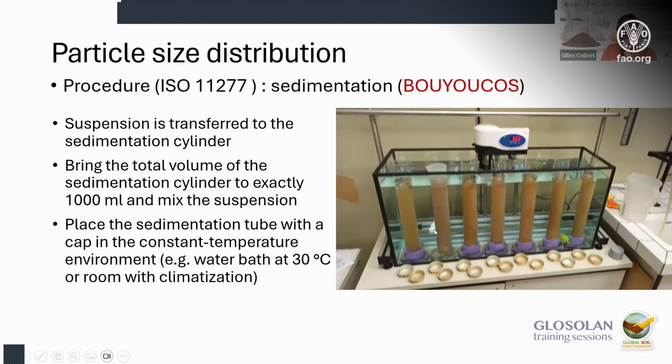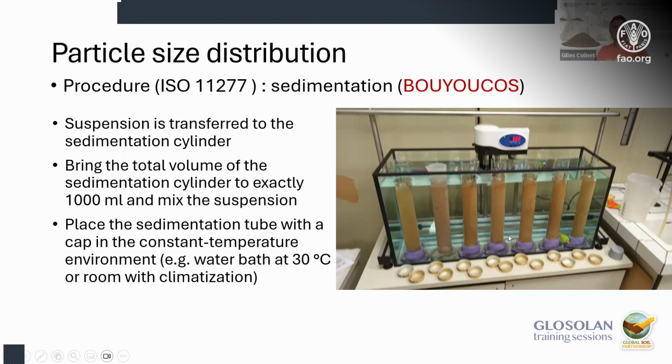Then we have the columns of sedimentation. Here we put them in a water bath, and the idea is that you can control the temperature, because Stokes' law says the speed of the particle depends on the temperature.